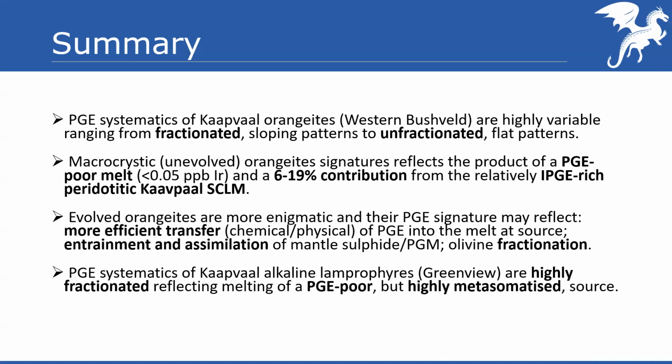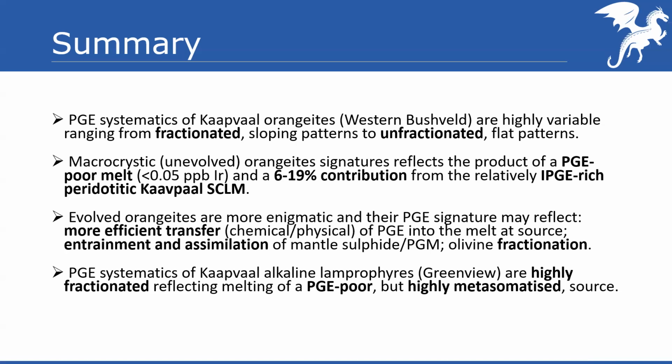I think some of the samples were duplicated, but in terms of the specific host of the PGEs, I don't think there's been a huge amount of work in general on where the PGE would sit within these rocks. They do have disseminated groundmass sulfides, but I don't think there's been any in situ work to determine where the actual PGE signature is within these rocks.